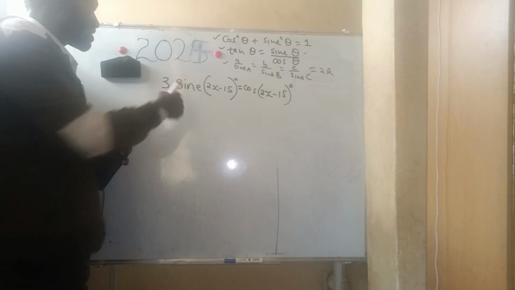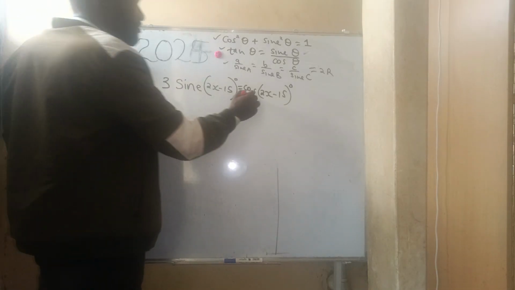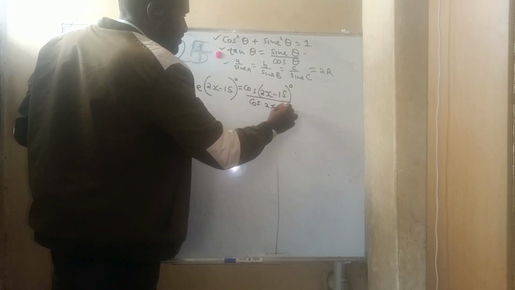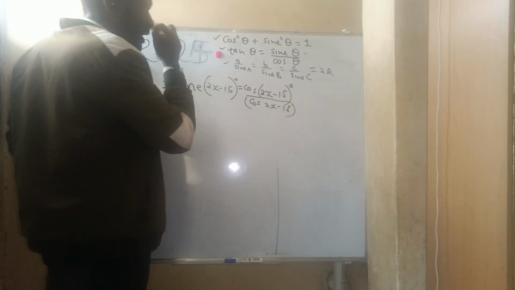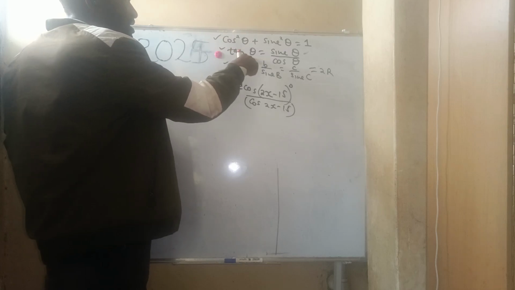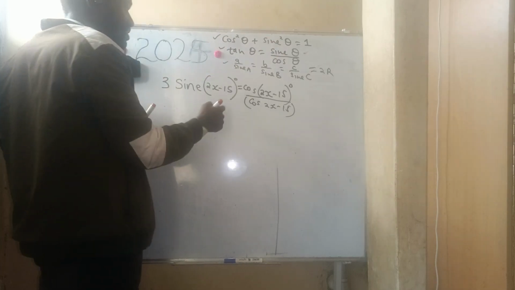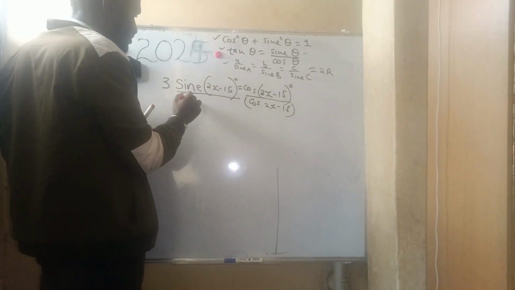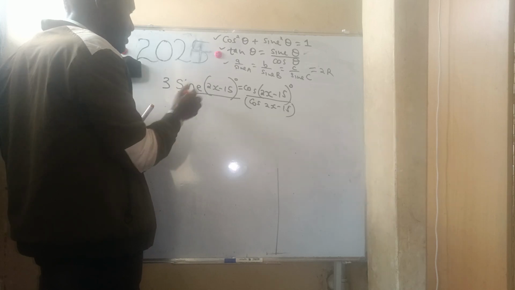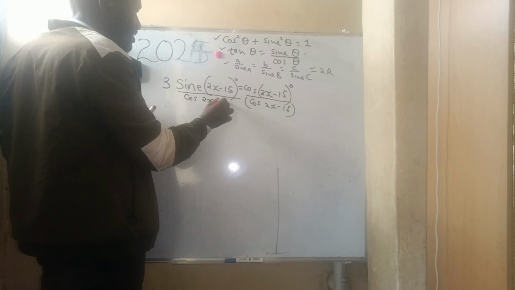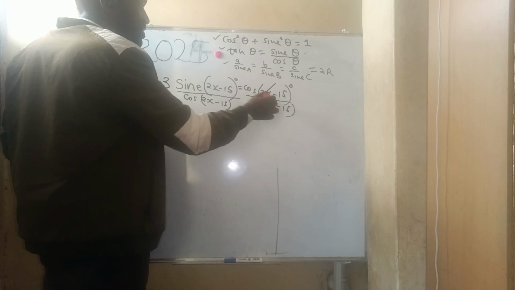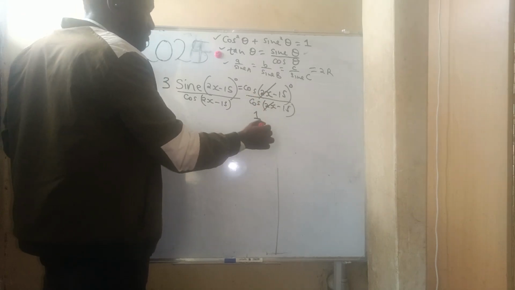So let's take ourselves back to the question. We shall divide both sides by cos (2x minus 15). Why? I want to employ tan theta equals sine theta over cos theta, so I want to ensure that it is sine theta over cos theta. So I divide this also by cos (2x minus 15), and then this and this will disappear for me to end up having 1.